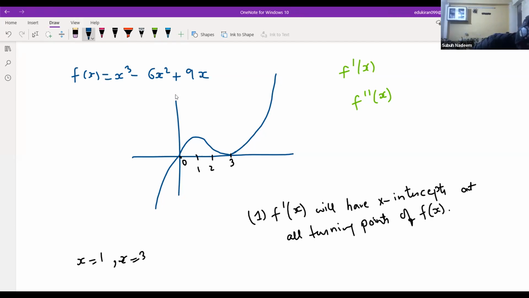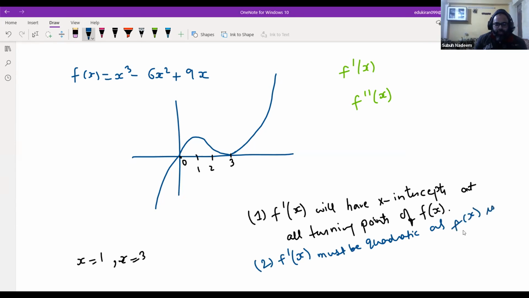Next is f dash x, which is the derivative, must be quadratic as f(x) is a cubic function. f(x) is a cubic, as you can see that x cube is the maximum power. So the differentiation will be quadratic, that is x square will be the maximum power.